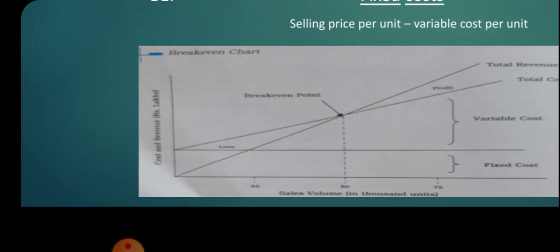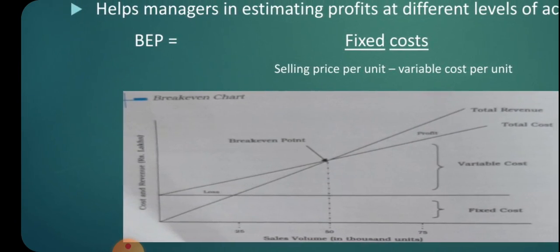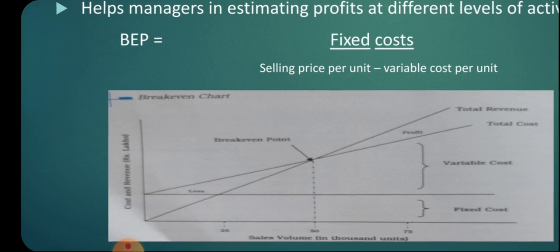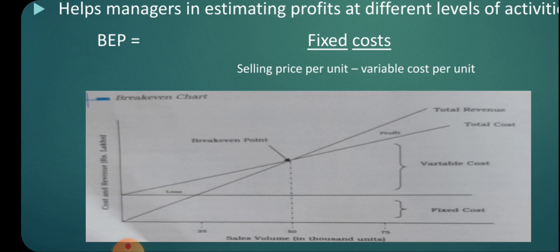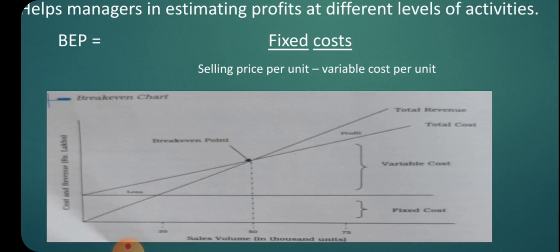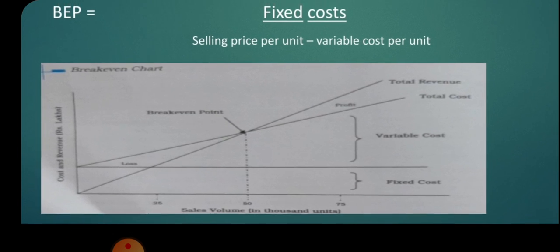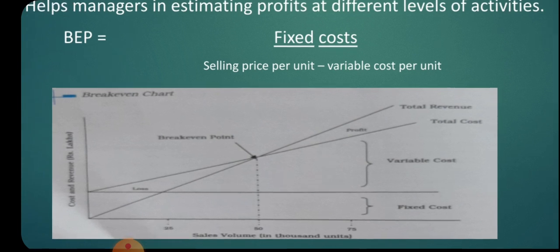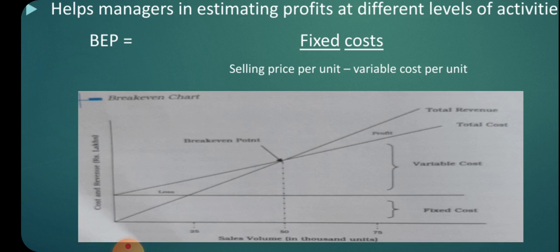See what is given. Cost and revenue. On the Y axis, what have they given? Cost and revenue, rupees in lakhs. On the X axis, what have they given? Sales volume in thousands, means sales made in thousands. See, 50 units. If you make 50 units of sales, then it is a break-even point.